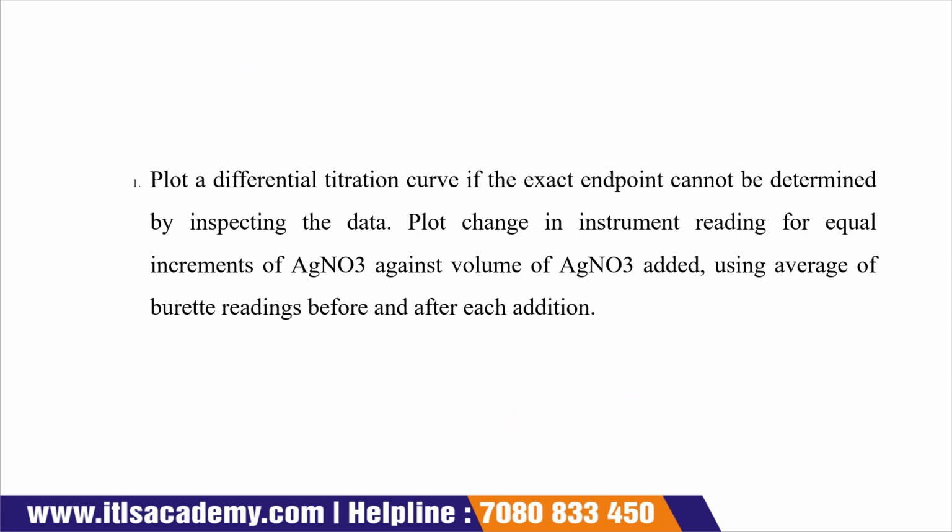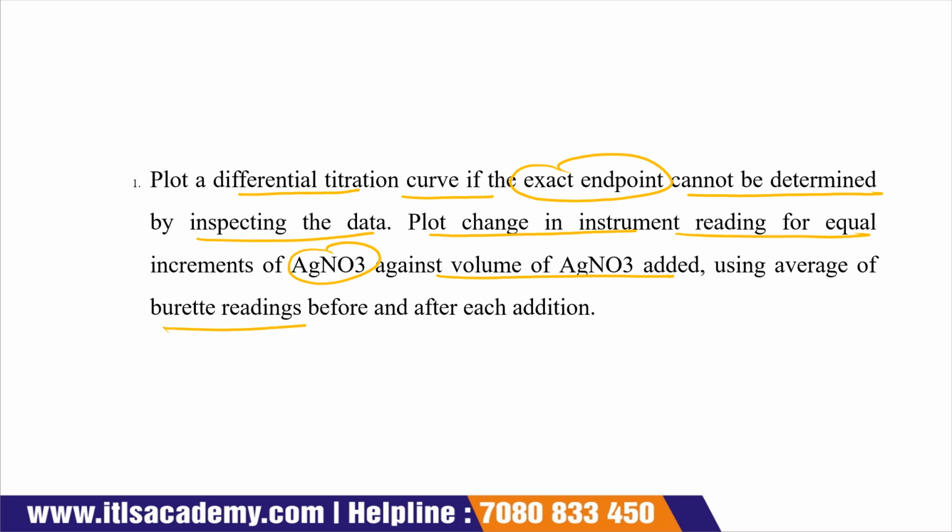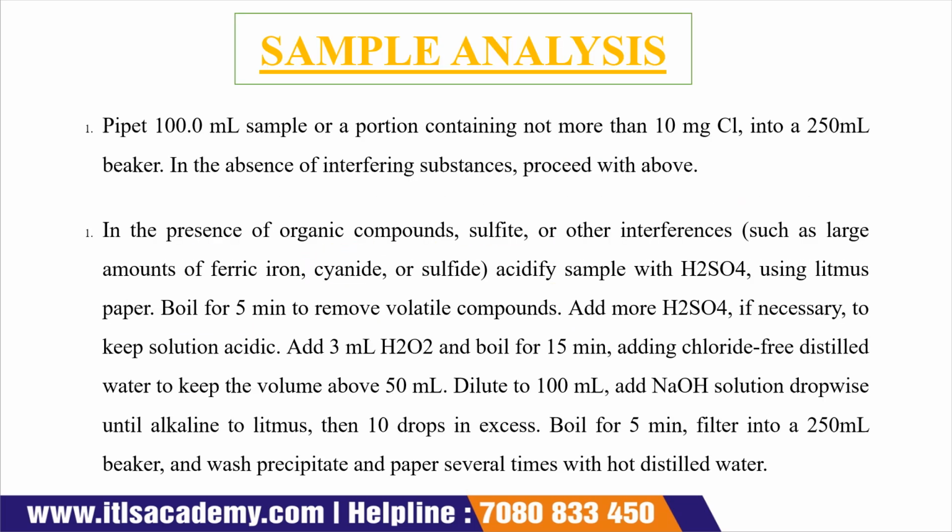Now the next step is to plot a differential titration curve if the exact endpoint cannot be determined by inspecting the data. You have to plot the change in instrument reading for an equal increment of silver nitrate against the volume of silver nitrate added, using the average of the burette reading before and after each addition.